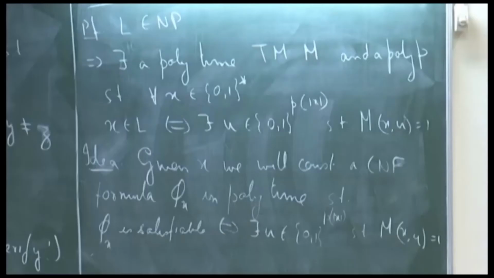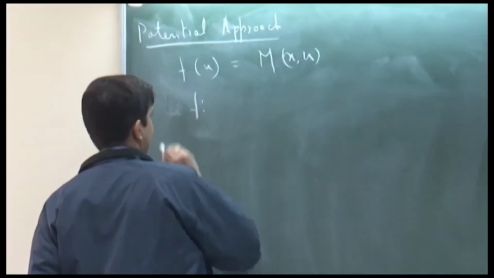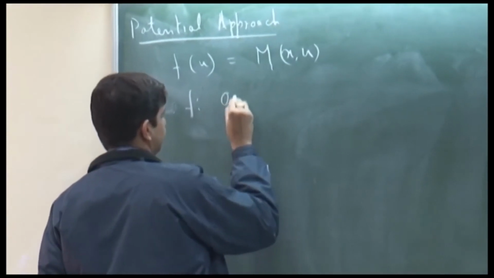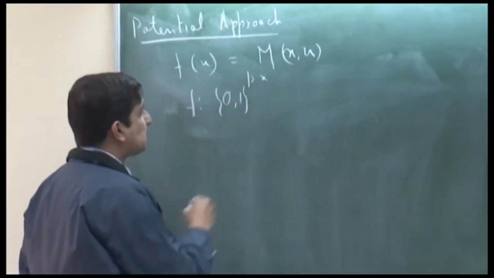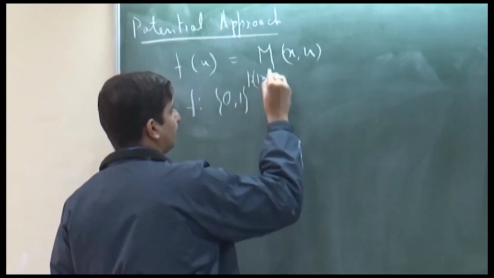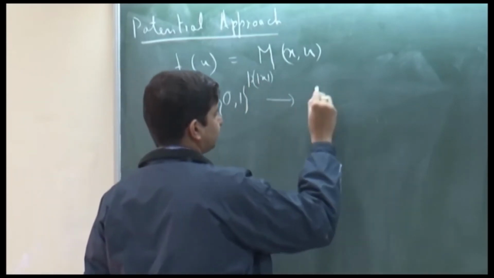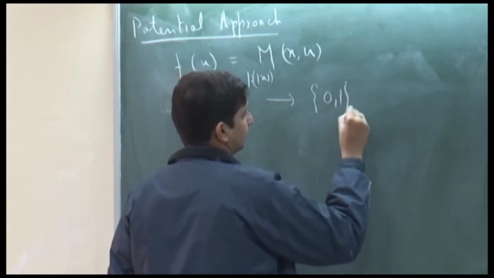So, given a string x, we define a function f from 0 comma 1 to the power p of x to 0 comma 1.